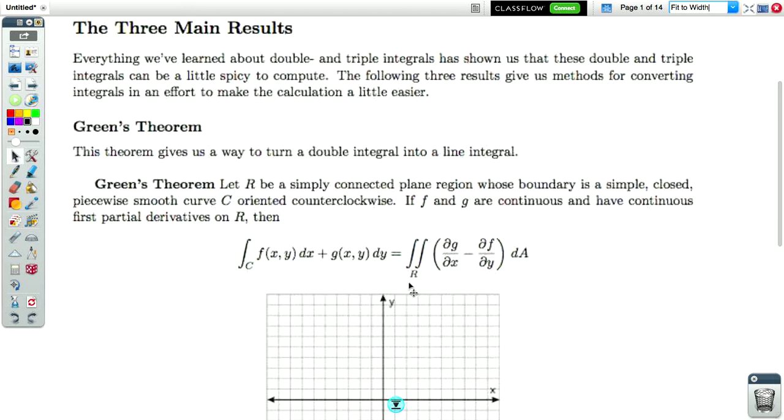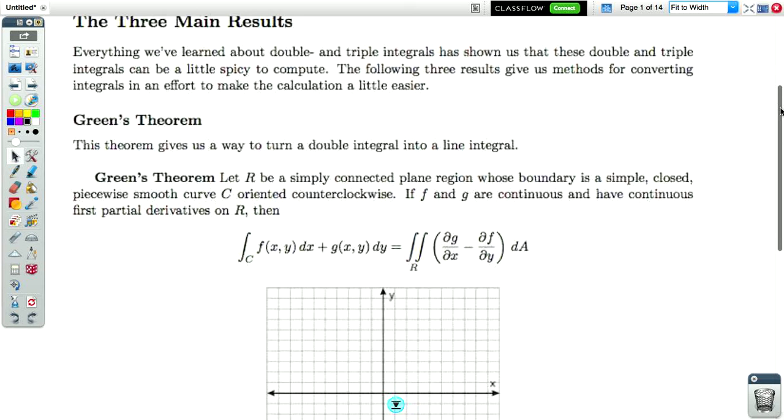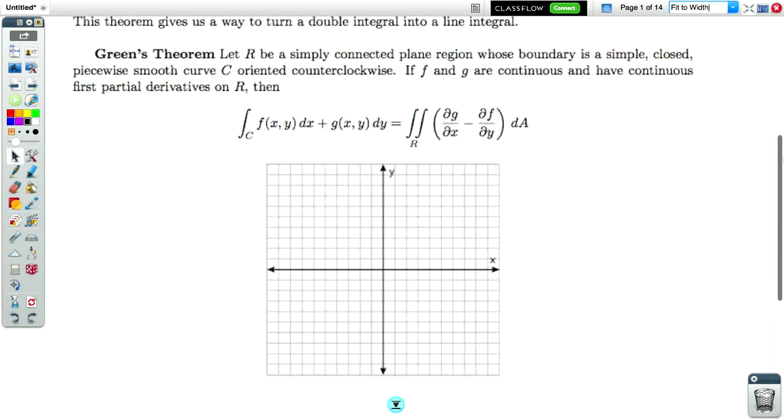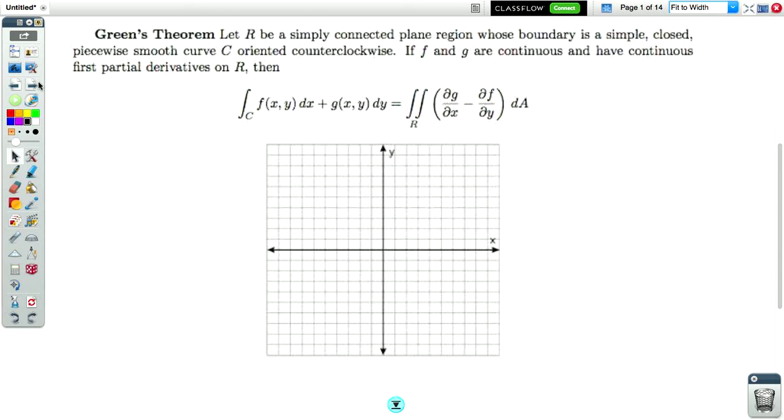And then, of course, with all of these results, you can go the other way too. If someone gives you a double integral, you can use this to go back to a single integral. But this first one is called Green's theorem, and Green's theorem basically says if you have some region in the plane which is enclosed by what's called a simple closed piecewise smooth curve.